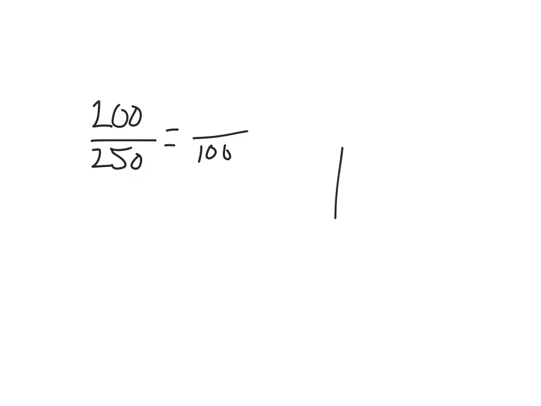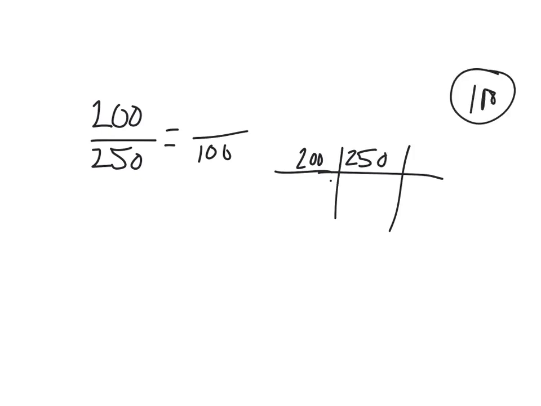So I'm thinking, okay, well, if I have the ratio 200, let me redraw that table. So I have 200 with 250. And remember, I'm trying to make a 100. Well, I could reduce 200 over 250. Let's reduce it by 100. All right, take off the 0.